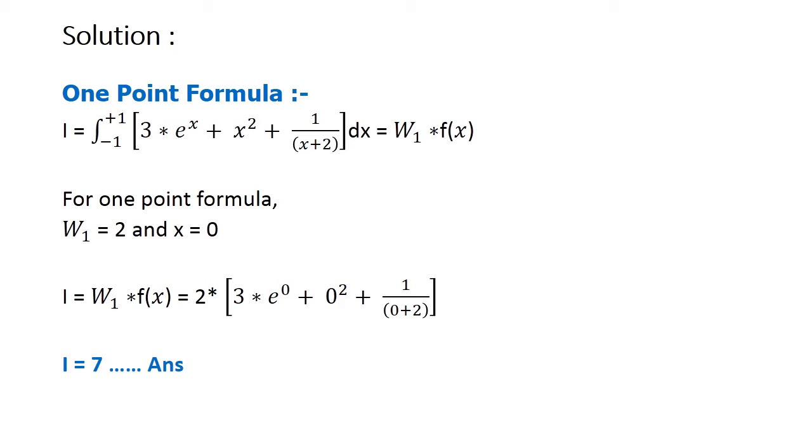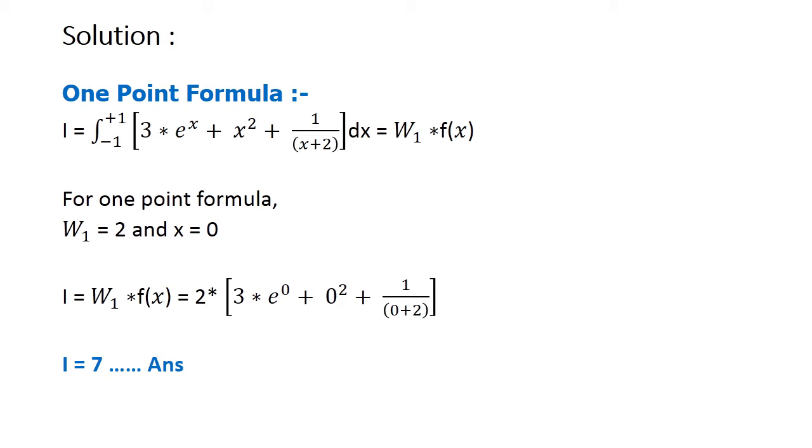Now if we put these two values back into the original equation, then we can write that capital I is equal to w1 into f of x. As discussed just now, w is nothing but the Weighing function, and the value of the Weighing function in this numerical is 2.